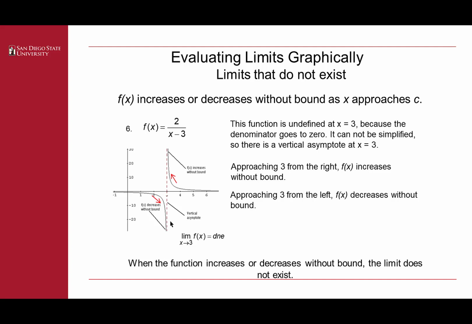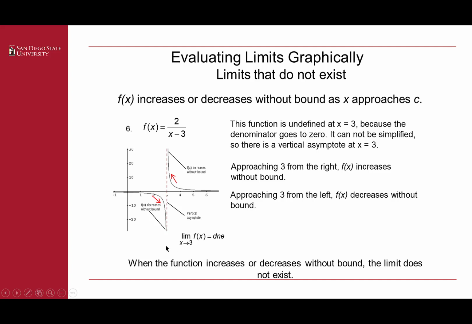And let's look at the graph of the function on the left side. Here we have two asymptotic curves, and approaching 3 on the x-axis from the right, f of x increases without a bound, so it goes to infinity. In contrast, if we approach 3 from the left side, f of x decreases without a bound, so it decreases until it reaches negative infinity.